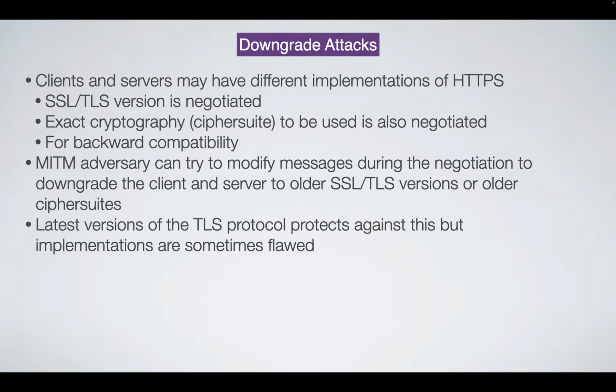So that was lucky. Basically, what happened is they didn't let you negotiate details about the message integrity. They only let you negotiate details about the message confidentiality. And so because you always had integrity, you could always do this check after and see whether you heard the right handshake or not.